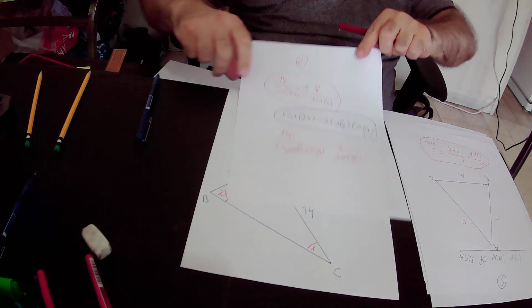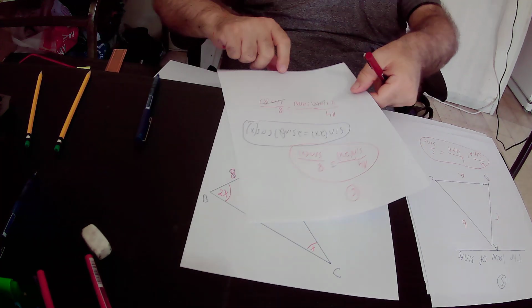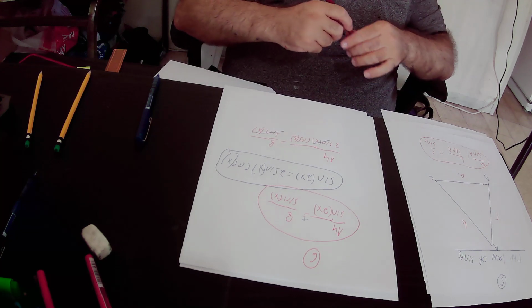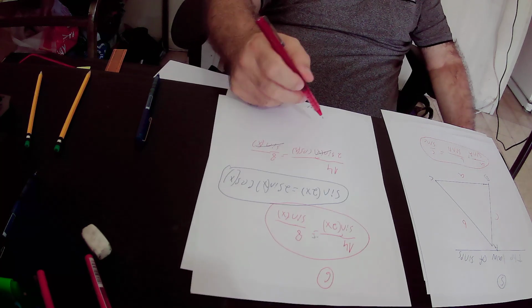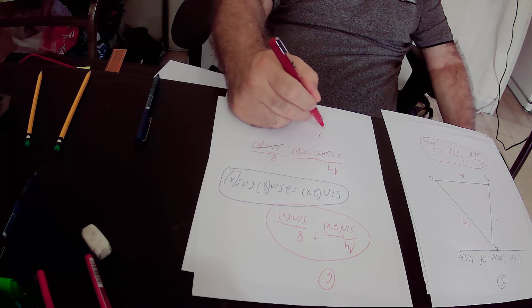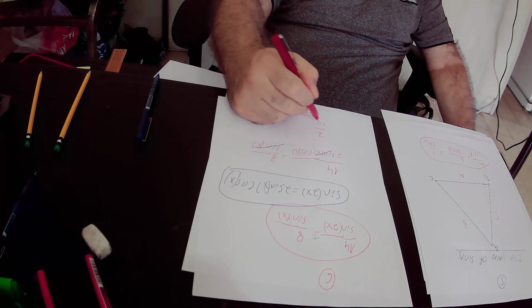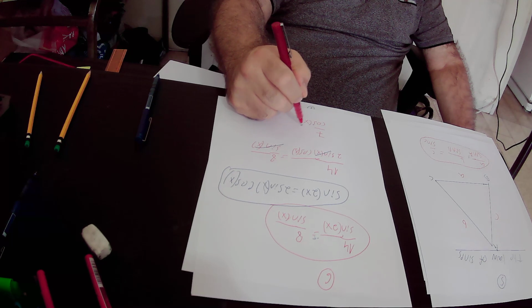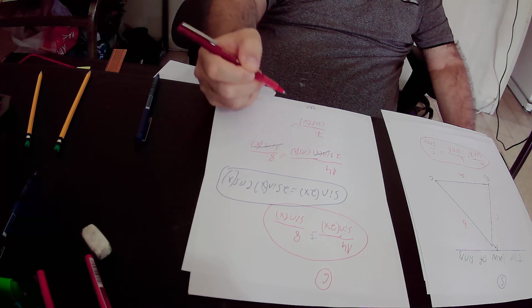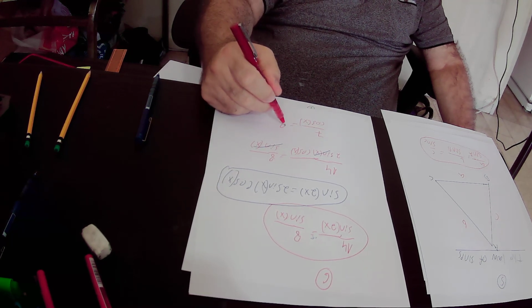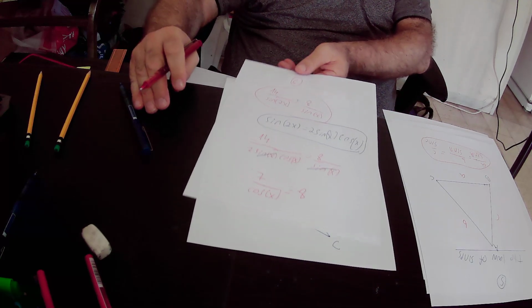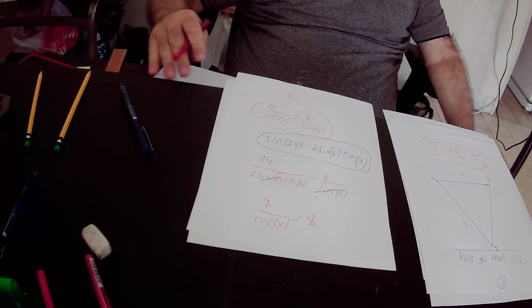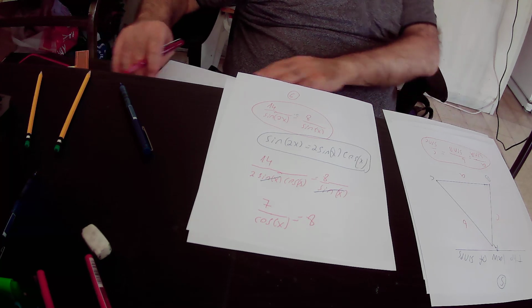What is left after we cancel sine x? First of all, 14 over 2 is 7. Here we will get 7 over cosine x equals 8. Okay, we got that 7 over cosine x equals 8.